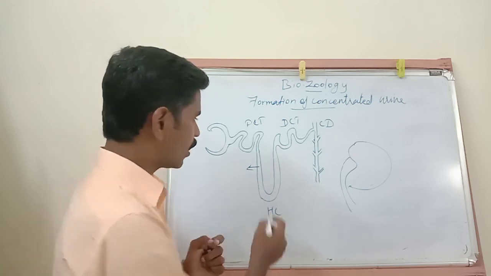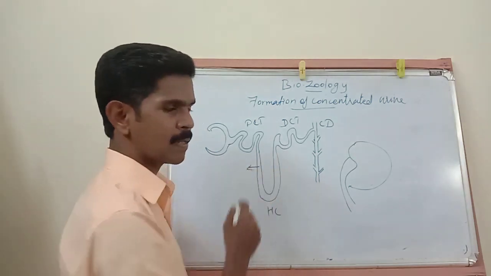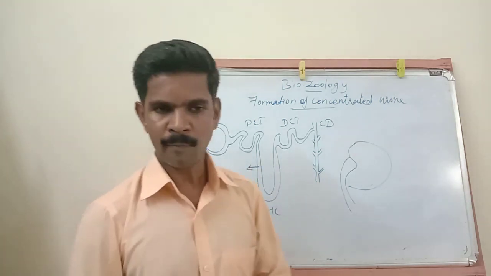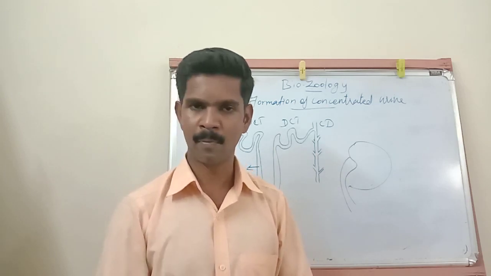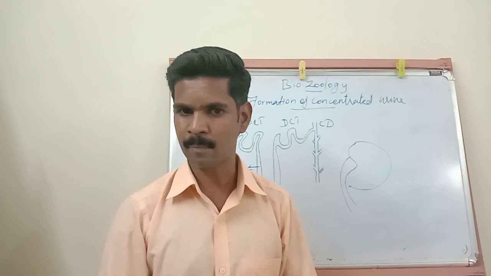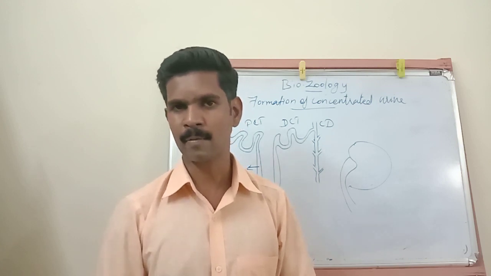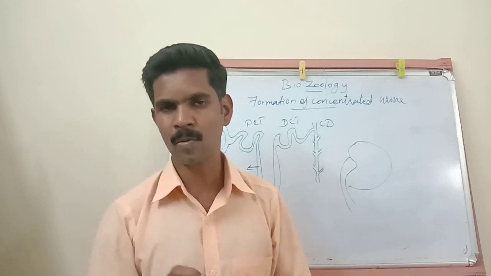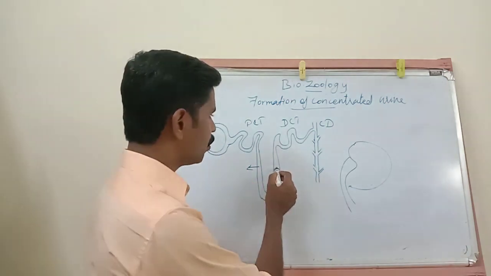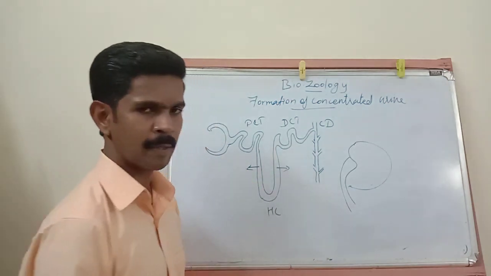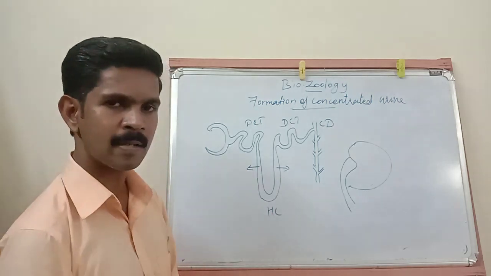Now the glomerular filtrate is moving to the ascending limb. When the filtrate enters the ascending limb, the solute present in the fluid moves from the lumen to the interstitial tissue space. I repeat these two points.